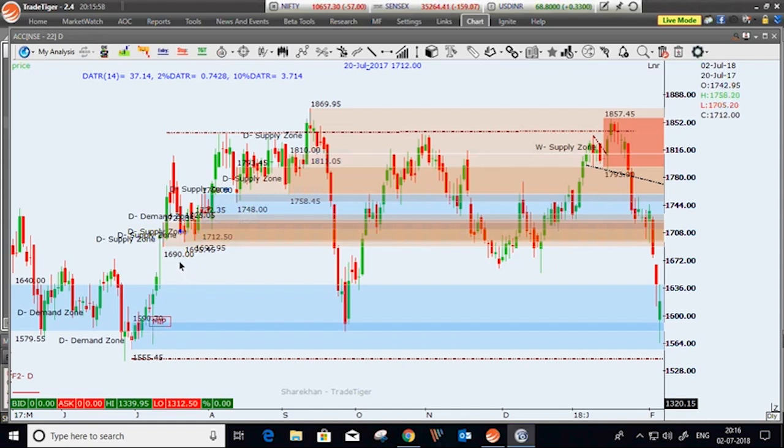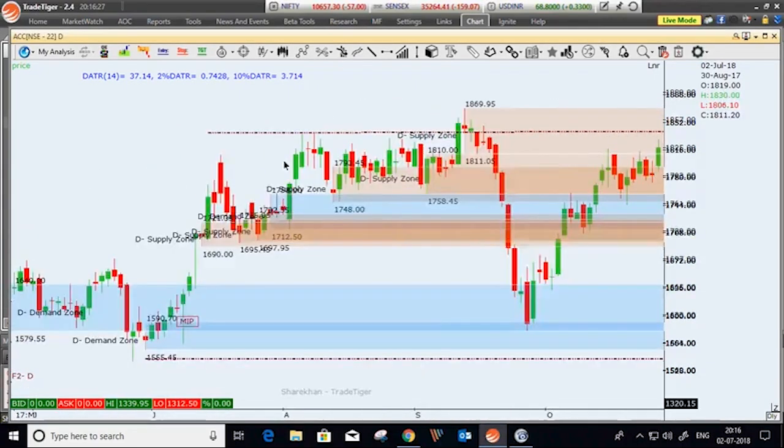Reaction only, last one, 6. You mean this one, Anshul, this one? Yes, amongst all these are reactionary zones. Probably this is also not.